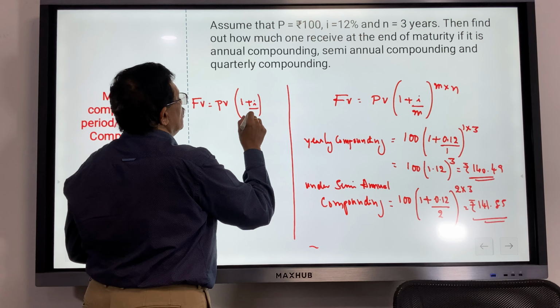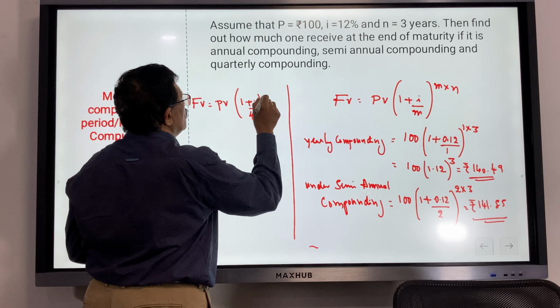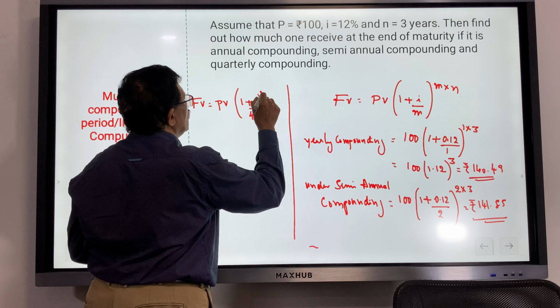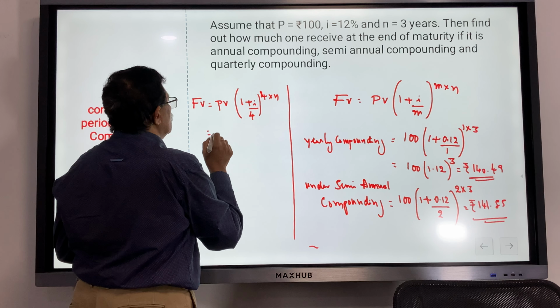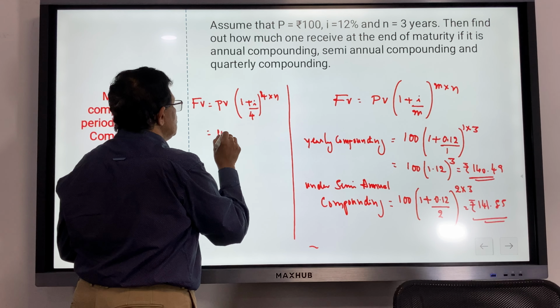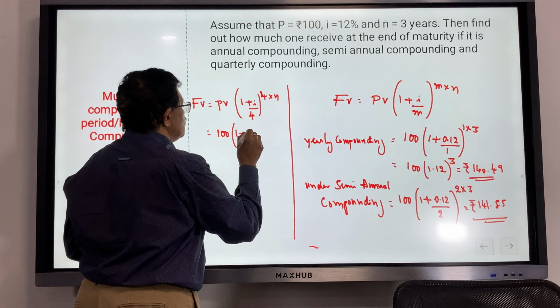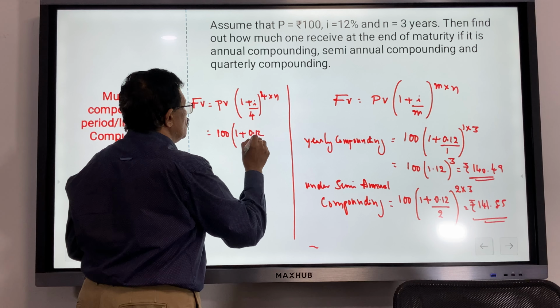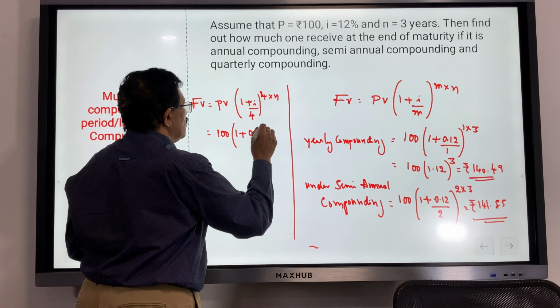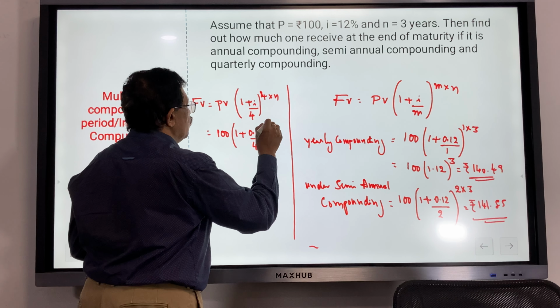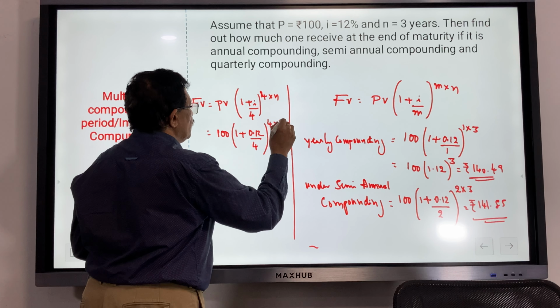Quarterly means 4, so M is going to become 4. So here you are going to have 4 into N. The amount given is 100 rupees only. So 1 plus 0.12 divided by 4 whole power of 4 into 3.